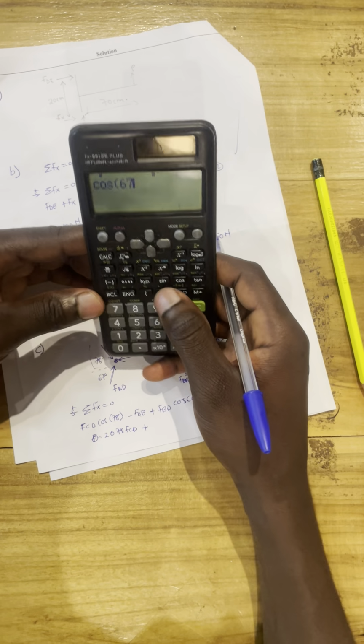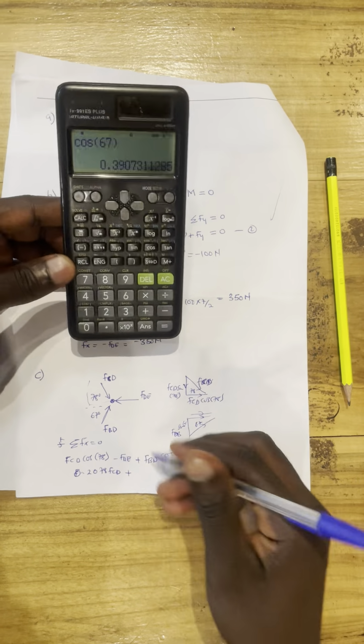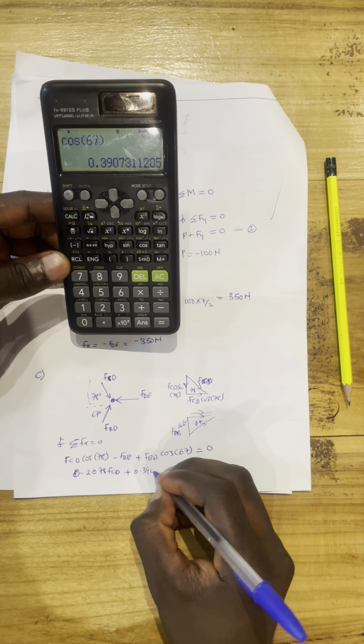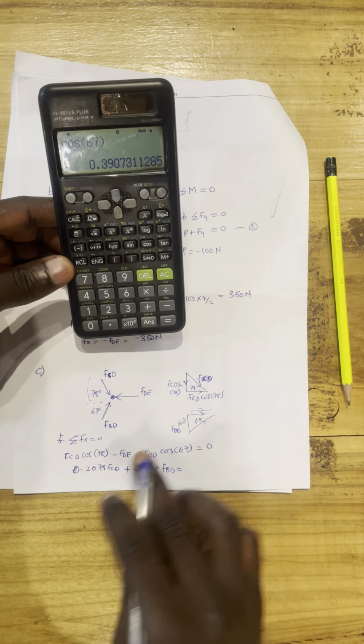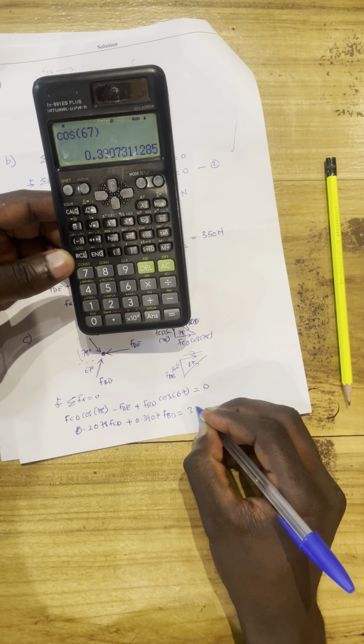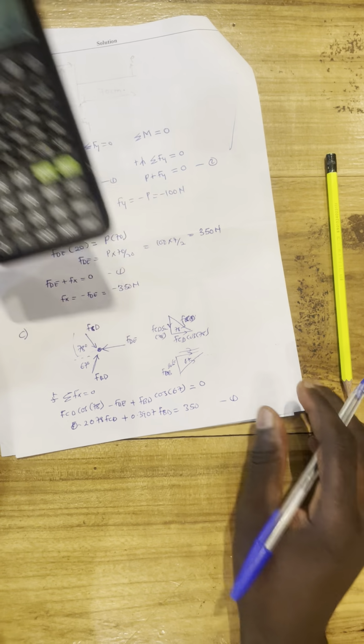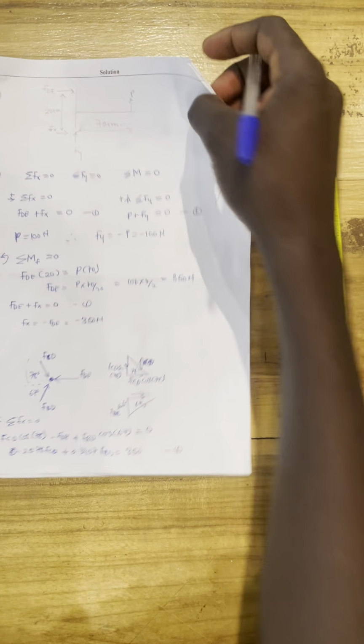Cos 67 is 0.3907. 0.3907 FBD is equal to FDE, which is 350. Equation 1. Then you do the same for the y.